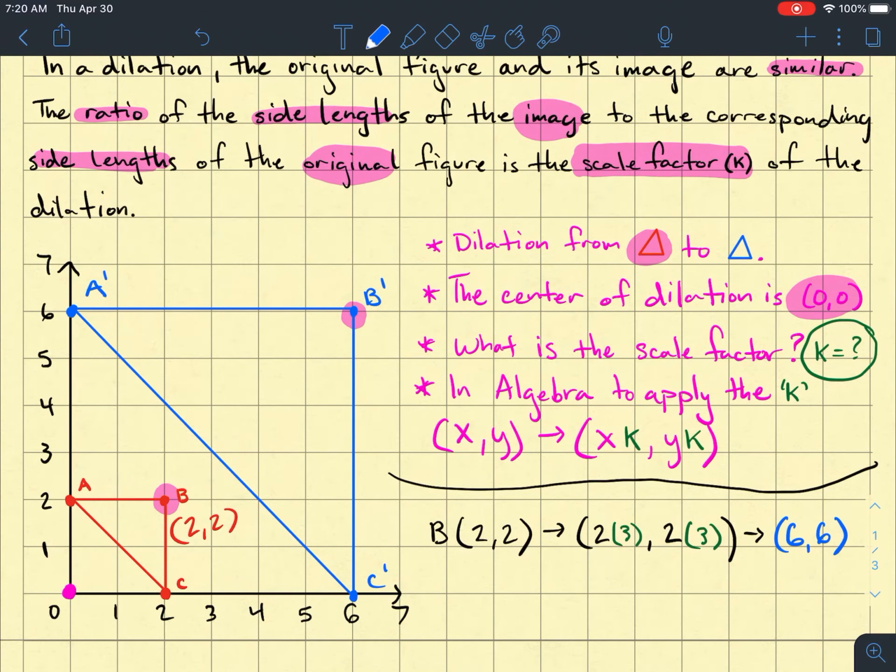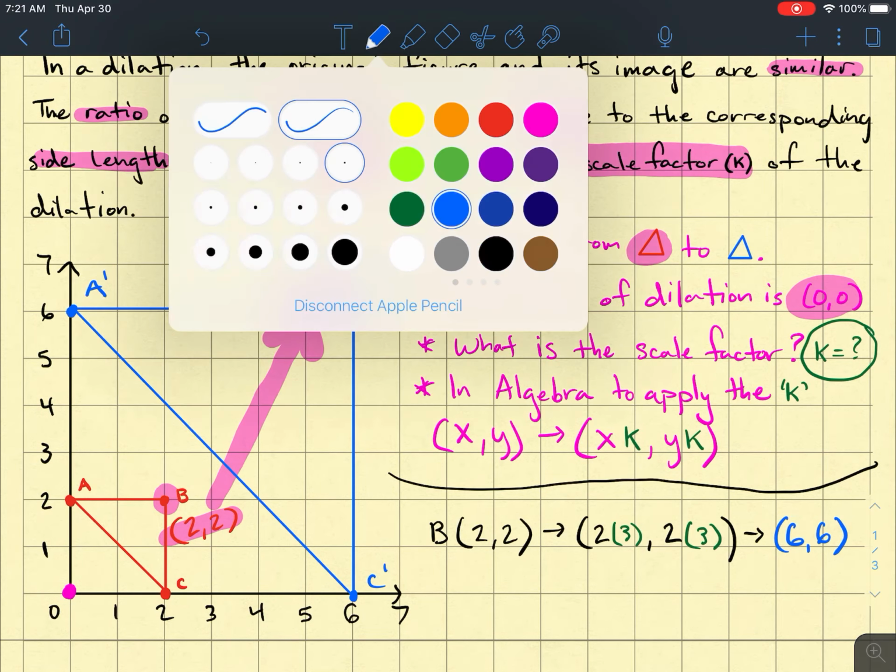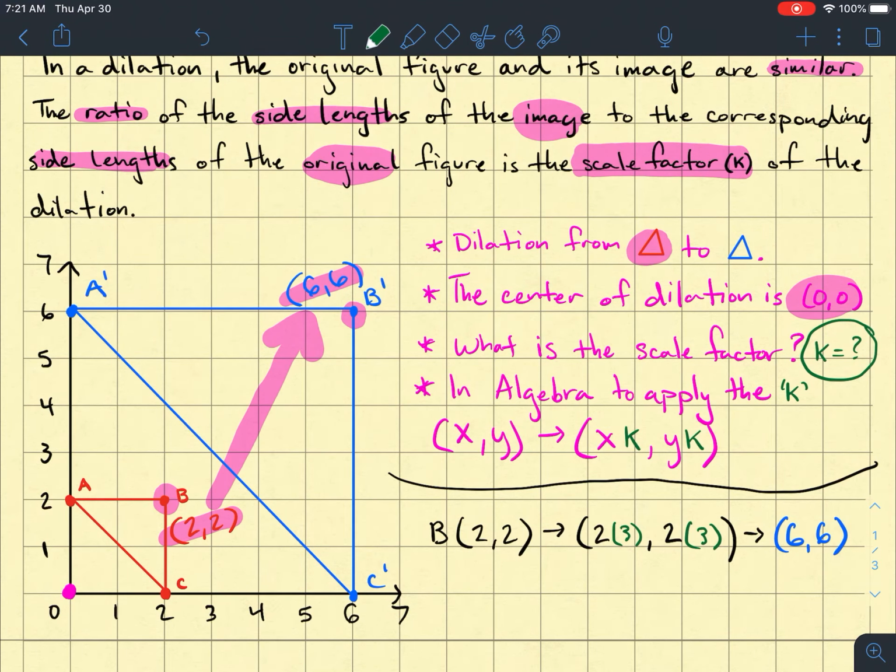The location of B prime is (6, 6). Do you notice a relationship between (2, 2) and (6, 6)? How can you get from (2, 2) to (6, 6)? What would you do to the 2's to make them into 6's? If you guessed multiply by 3, you're correct.